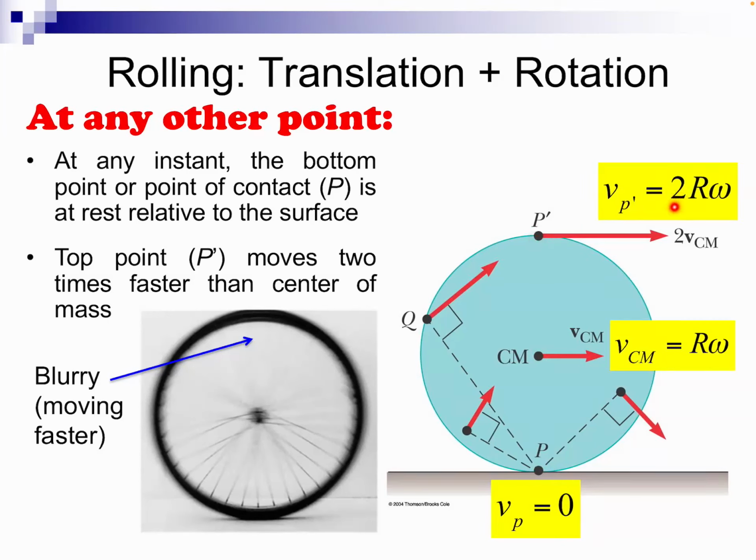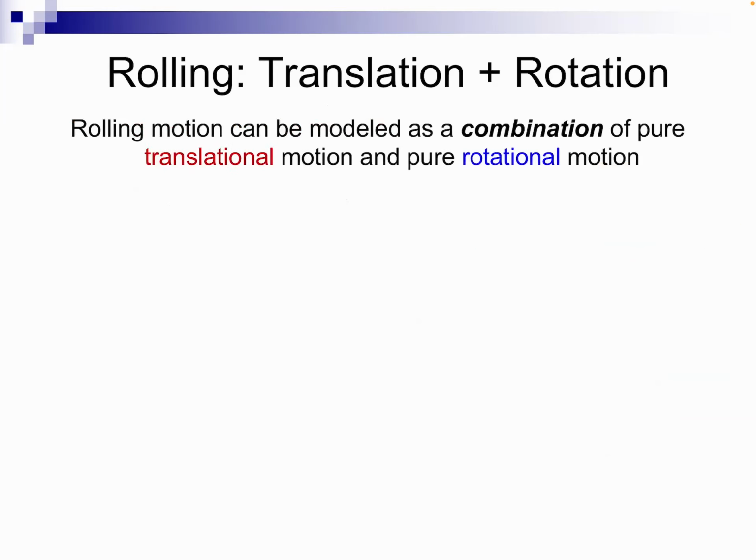How fast? It will be twice the speed of the center of mass. Why is it twice as fast? Let's look at the combination of the translational and rotational motion. We said that rolling is a combination of translation and rotation.